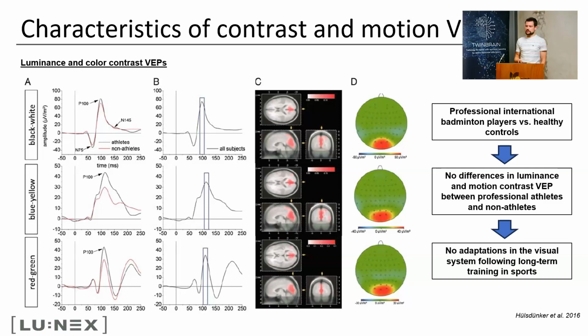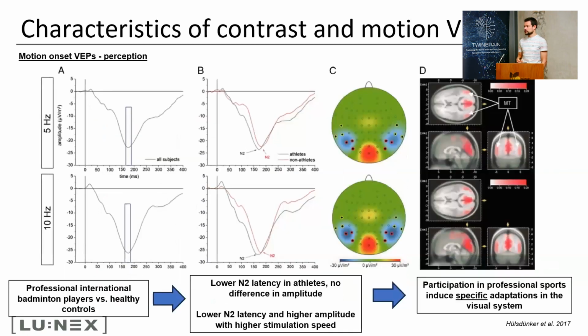The hypothesis then was that maybe we should find the adaptations in the motion system, because this is what counts for these types of athletes in the end. So we did another study, again with the Olympic badminton players versus normal controls, as I said before. Here we have two different stimulation speeds.